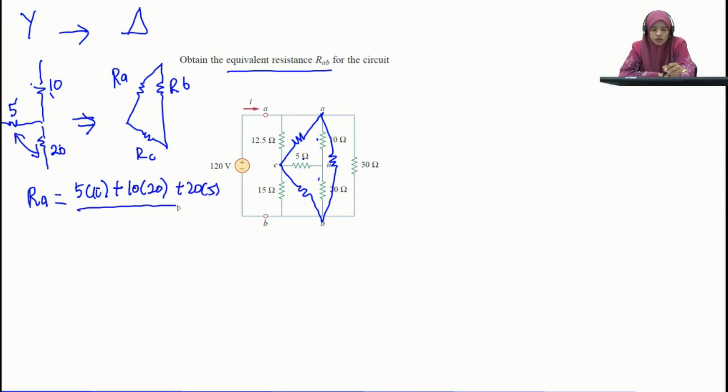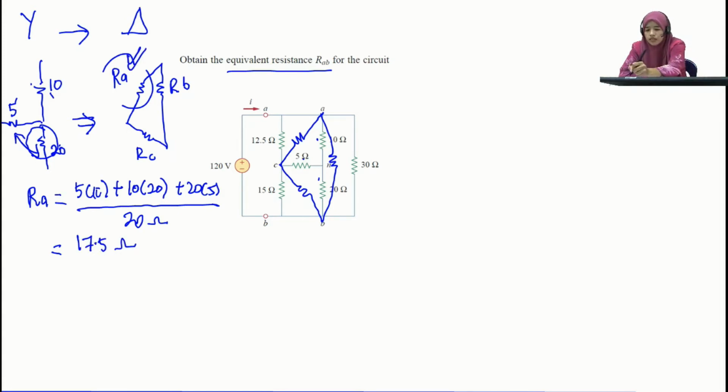So this will be at the top, and at the bottom you always take, for example for RA, this as the denominator, 20 ohm. So this will become 17.5, the new resistor, which is RA.